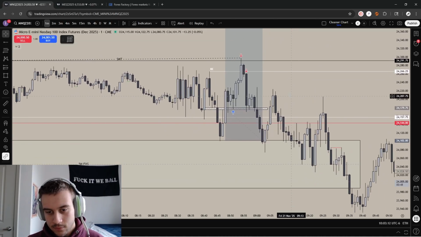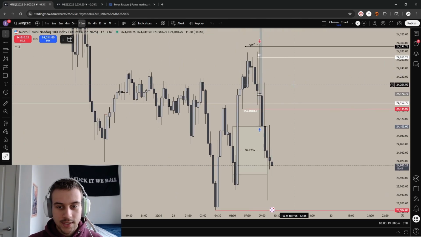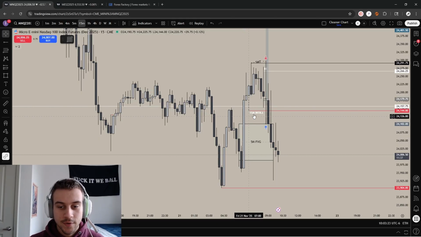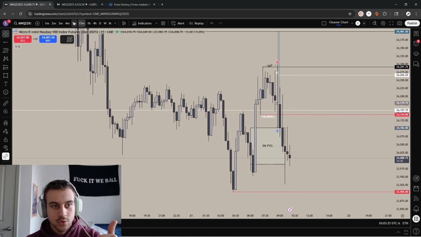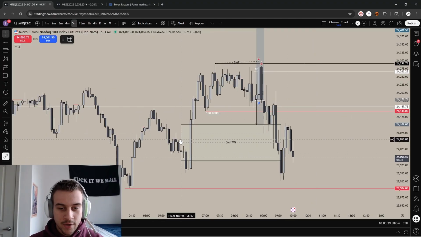Anyway, the reasoning why I took this trade is because we swept out a 15-minute intermediate low. That was a predominant draw after we tapped into a very large 15-minute gap. So, liquidity sweep, internal liquidity sweep, then targeting an unfilled 5-minute gap, which is an internal draw.